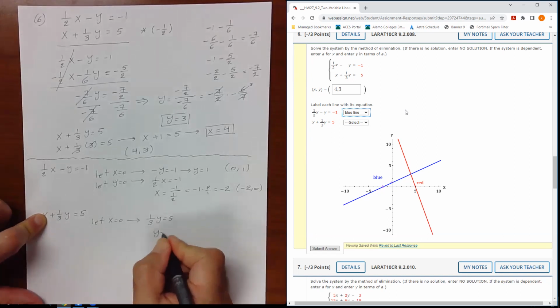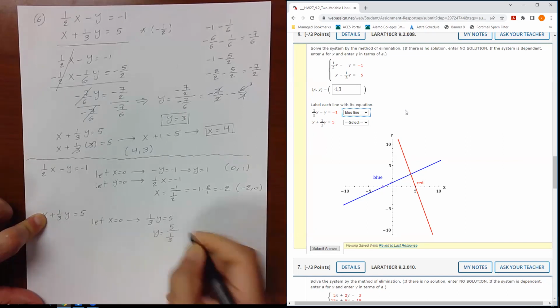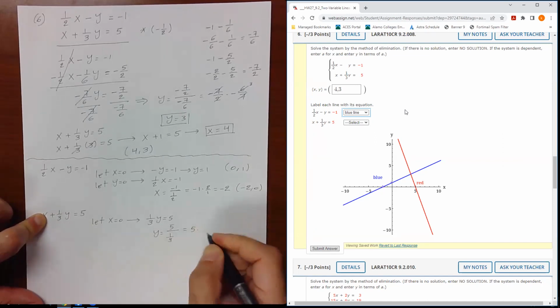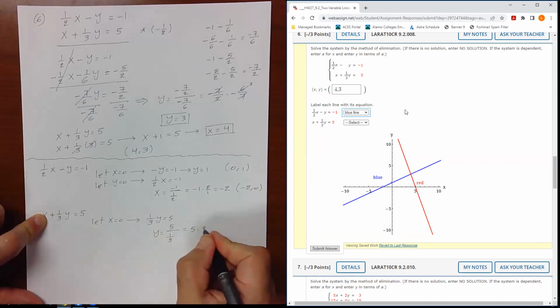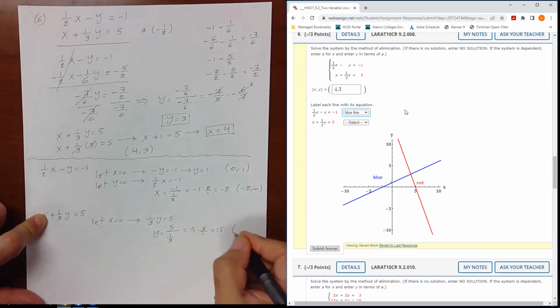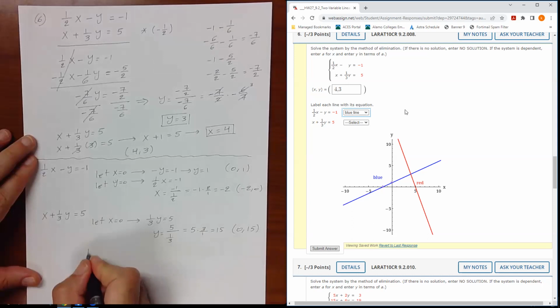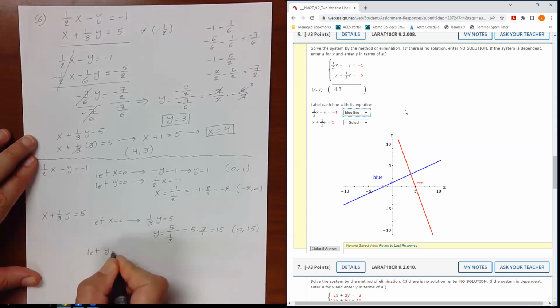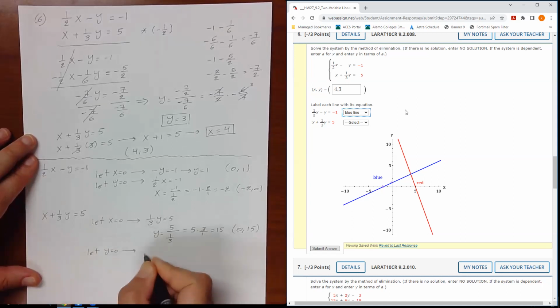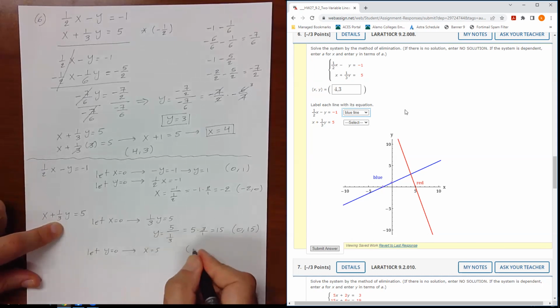So y is going to be 5 divided by 1/3, which is equal to 5 times 3/1, which is equal to 15. That means the point is x is 0, y is 15. Let's check the second intercept when y equals 0. So y equals 0, that means x equals 5. So the point is going to be 5 and 0.